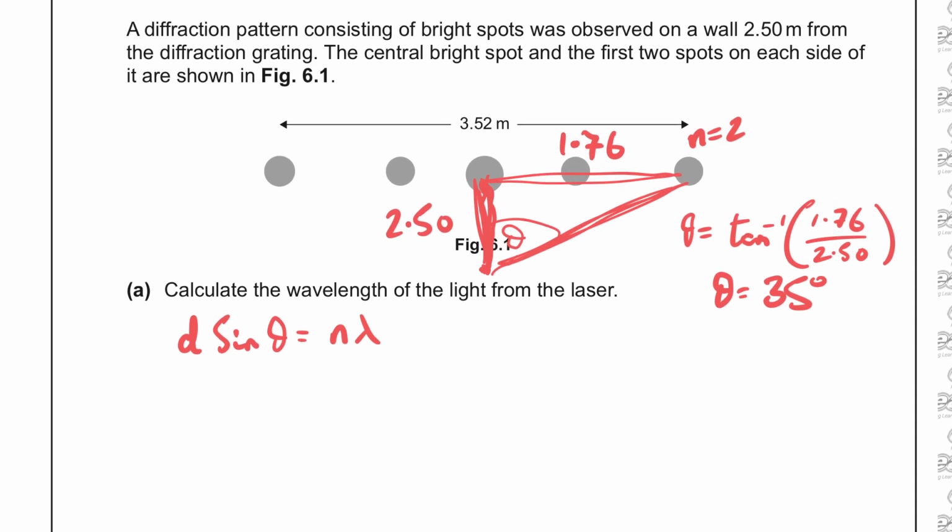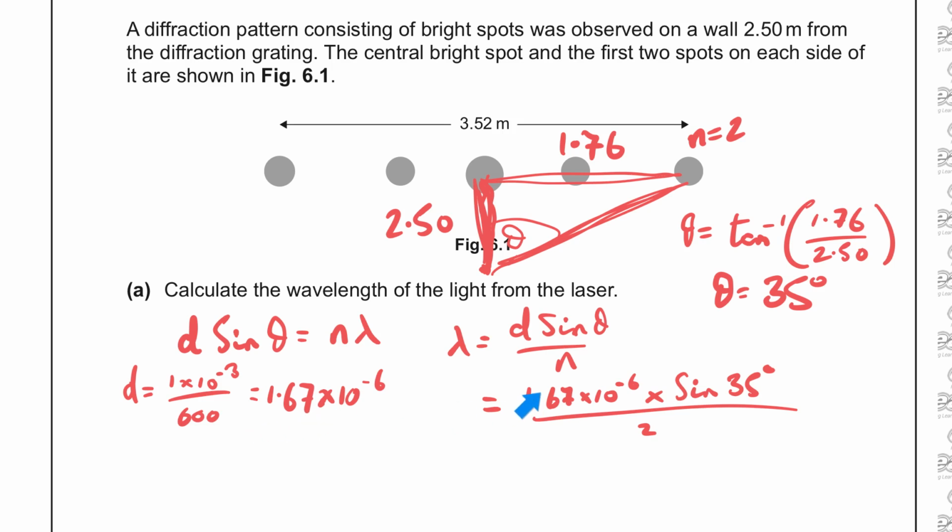So d is 1 times 10 to the minus 3, 1 millimetre, divided by 600, which is 1.67 times 10 to the minus 6. So we should be ready to substitute after rearranging this equation for lambda. So lambda is going to be d sine theta over n. So now we just sub in what we know.